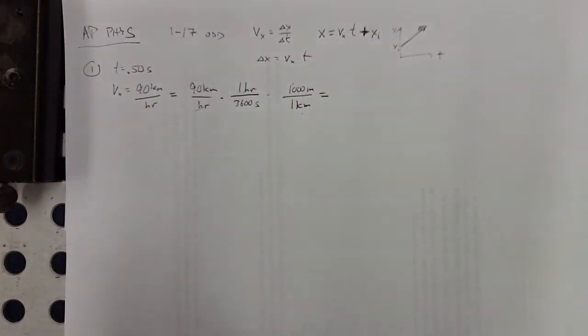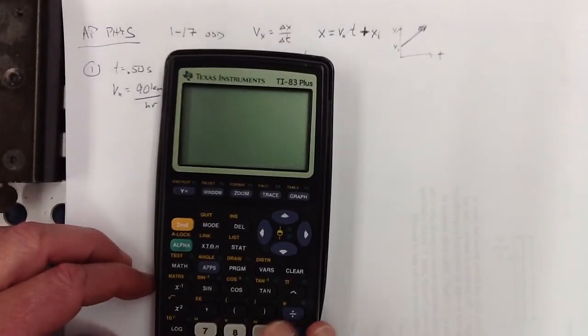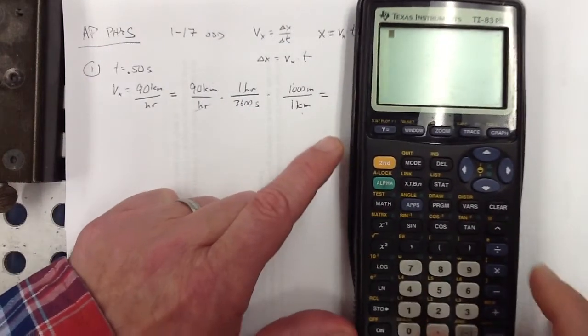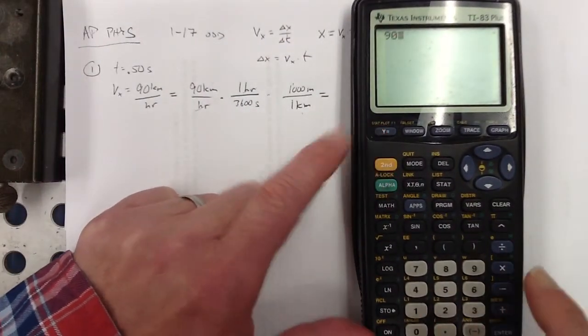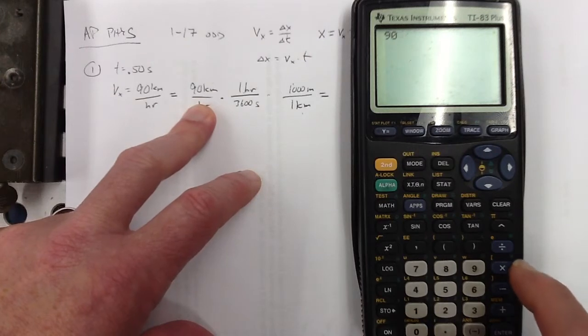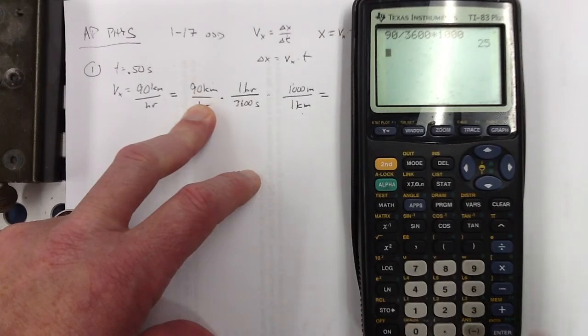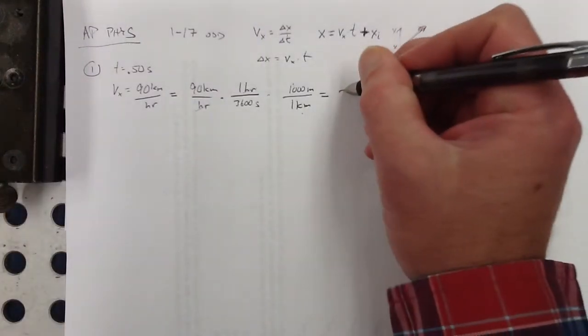All right, and where'd my trusty calculator go? There it is. So I got 90 divided by 3,600 times 1,000. It's 25 meters per second.